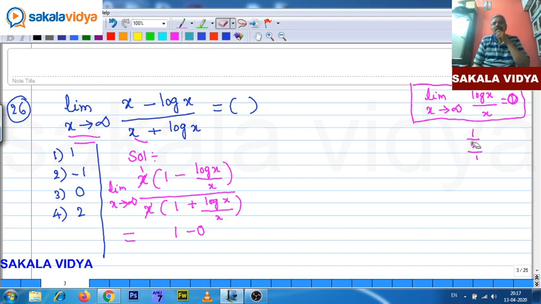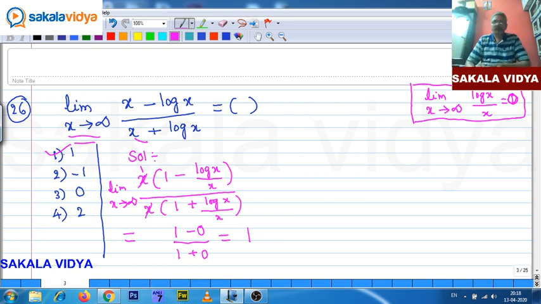Okay. So, that means now you can write 1 minus 0 by 1 plus 0. So, the answer is 1. First option is the right option. Once again I repeat, limit x tends to infinity log x by x is 0, you remember that one.